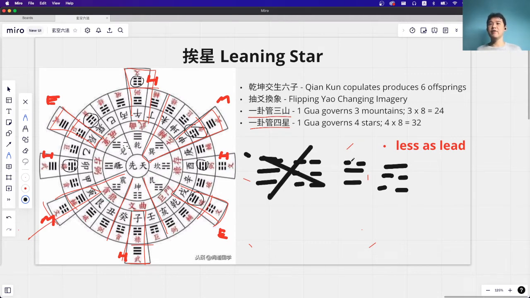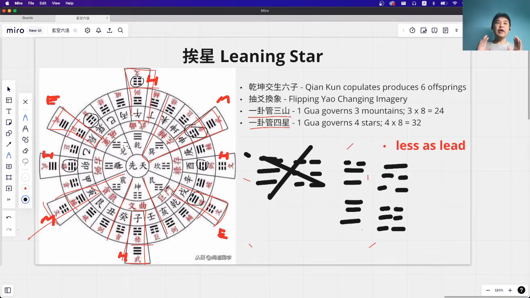You flip back the first yao and you get Chen back. You see, it always returns one. You flip the first yao and it always returns one. So it gives you back the parent yao one. So this is the fundamental. He's just playing around that. And then you populate the 24 mountains.